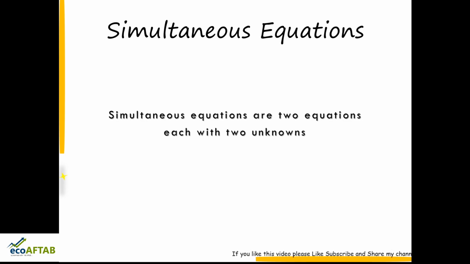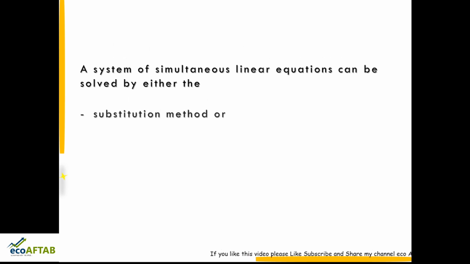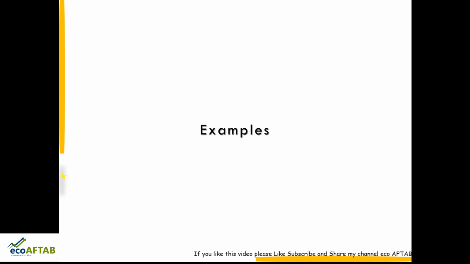In our case, the two unknowns were price of banana and price of mangoes, and we tried to solve for both of them. So here we solved simultaneous equations by substitution method, and also we saw the elimination method. So both these examples were solved where we understood elimination method as well as substitution method.